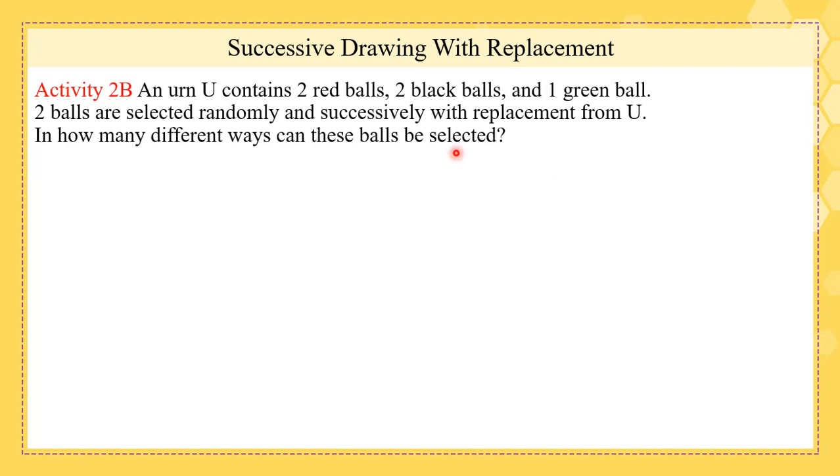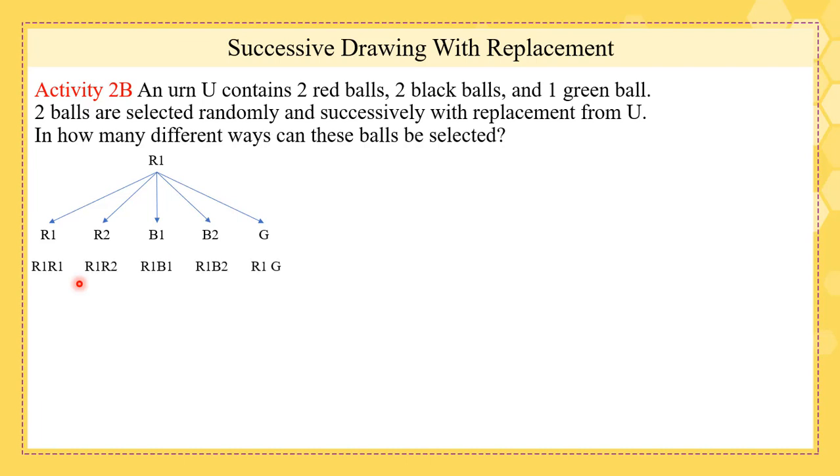Now let's see this activity. An urn contains 2 red, 2 black, and 1 green ball, and we need to select 2 balls successively with the replacement from the urn, and the question is to find the number of different ways. As we did before, the first ball could be R1, now the second ball could be R1, because here we replaced R1 back to the urn, or R2, or B1, or B2, or G. So these are the different cases.